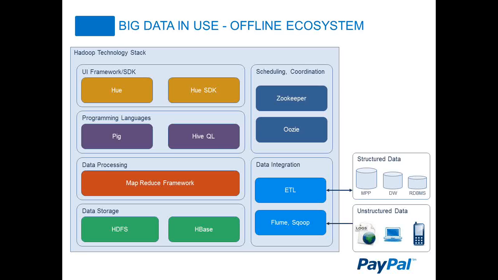One is our classic ETL technologies. ETL stands for extract, transform, and load. Extract means you're extracting data out of some data source, then you're doing some transformations. The fact that you're doing transformations on data means that you have understood your data, right?